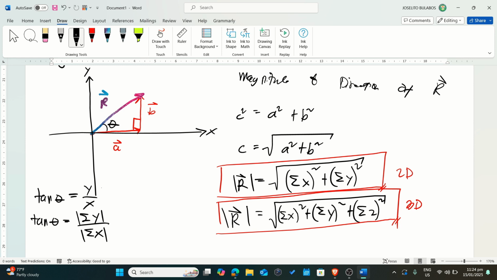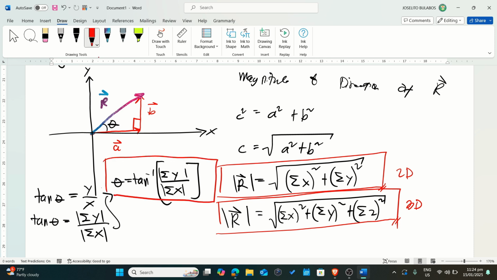Okay, absolute value. And therefore, finding the direction must be tangent inverse of the absolute summation of y over the summation of x. This will be our equation for solving the direction of the resultant vector.